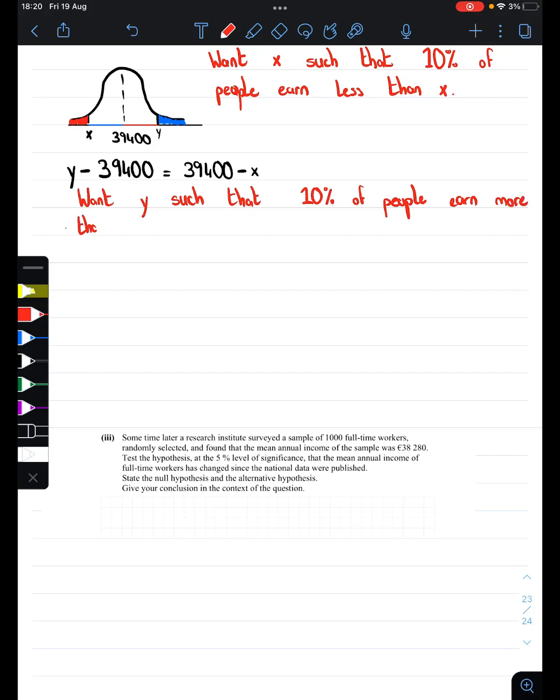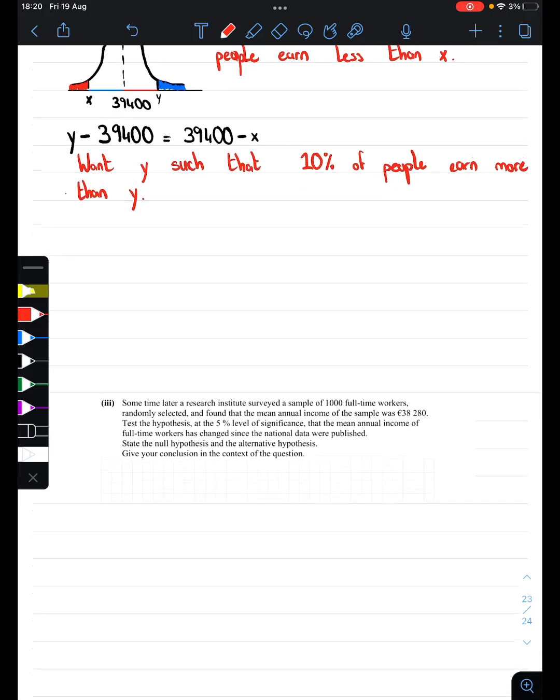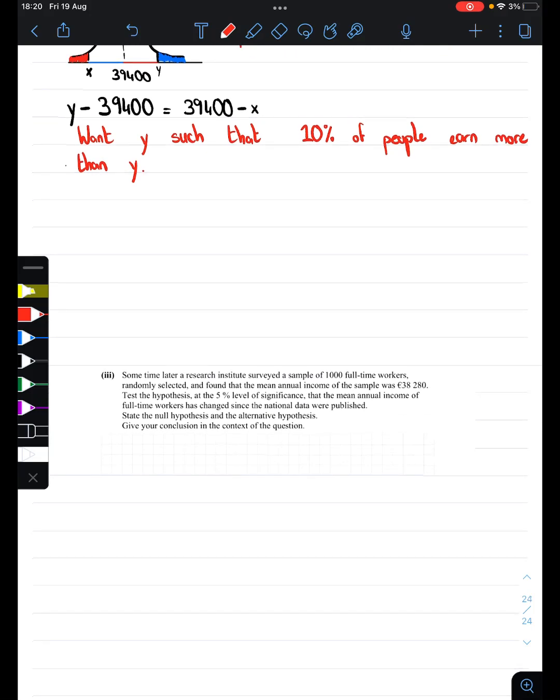And you might be thinking, well, if it's the same thing, then why would we look for y instead of x? And the reason why is that it's actually much simpler just from the way that the log tables work with the normal distribution. So we'll see this in a bit. Okay.